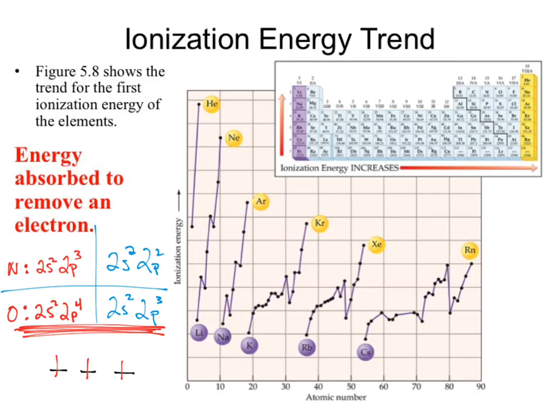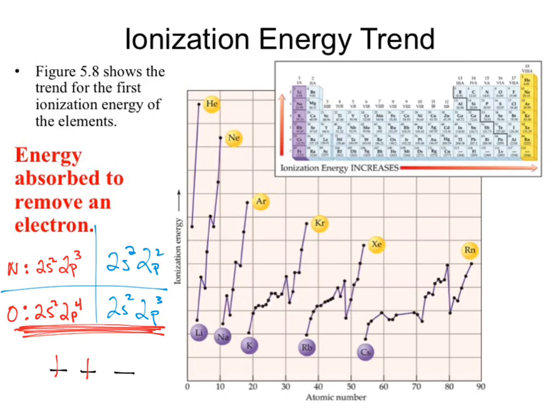Okay. What happens when we go to oxygen? Ooh, which was more symmetry? Nitrogen or oxygen's ground state? Nitrogen was much more symmetrical. What happens to nitrogen when I remove a single electron? Is it more or less symmetric? It is less symmetric.